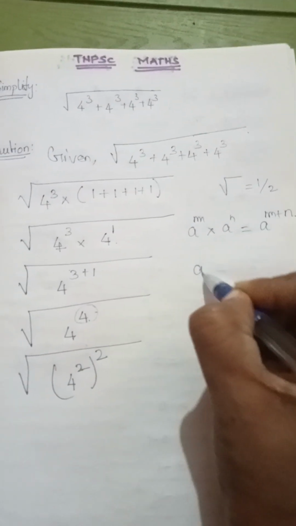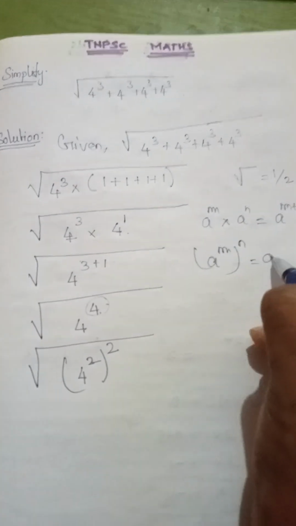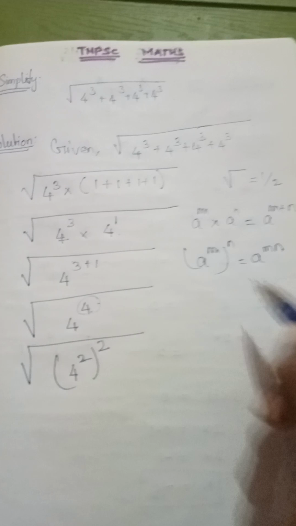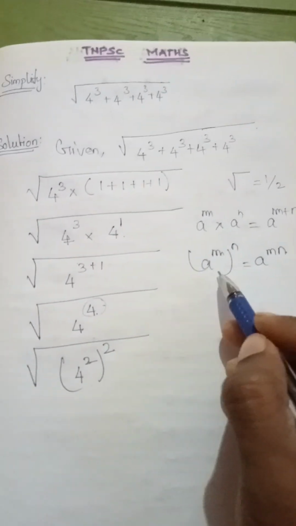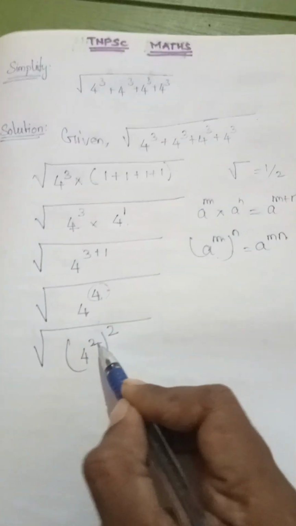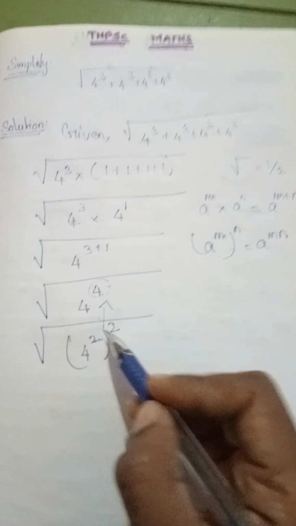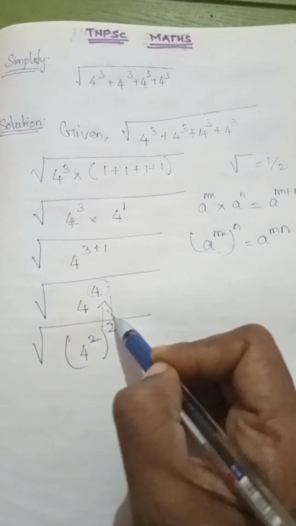Because another important exponent rule is a power m the whole power n equals a power mn. So you can apply this rule here. This 4 can be written as 2 power 2. This is possible now.